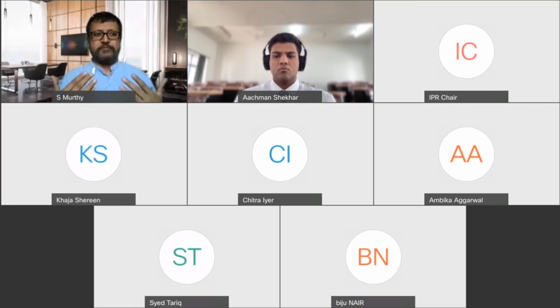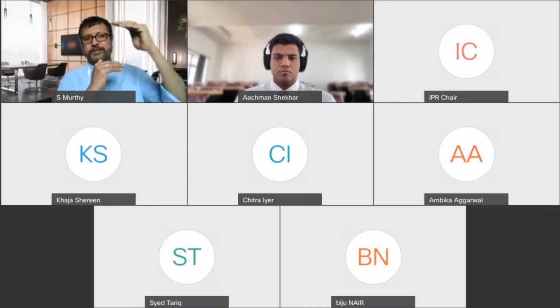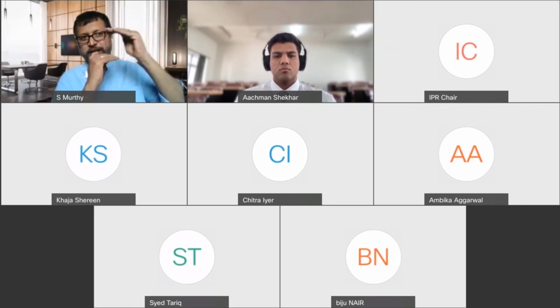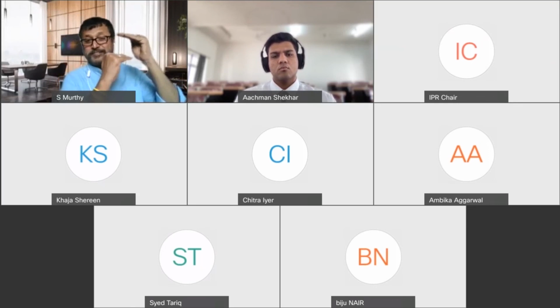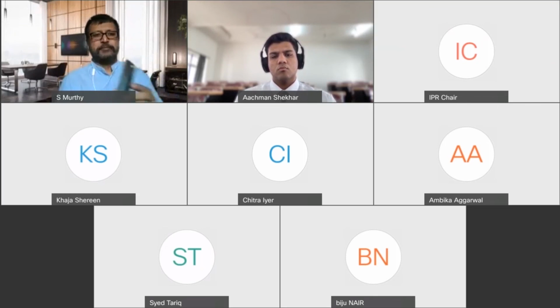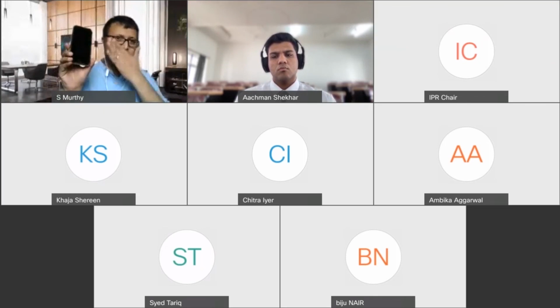An SEP holder can come up with, okay, hey, SEP implementer, you are saying that you want a license to one standard essential patent, but actually, see, if you take a license for these 10 standard essential patents, it would benefit you because you are building a mobile phone which is compliant to 5G standards.